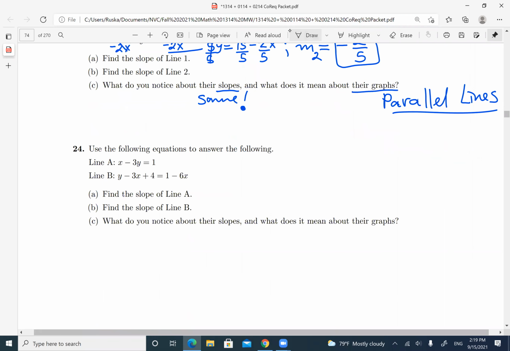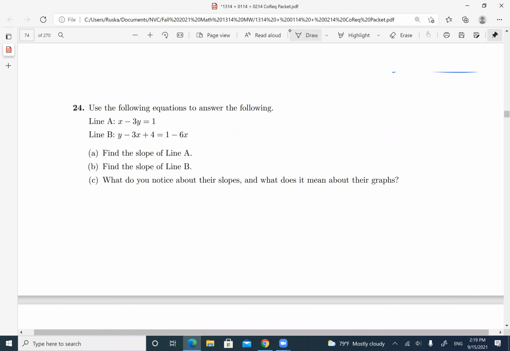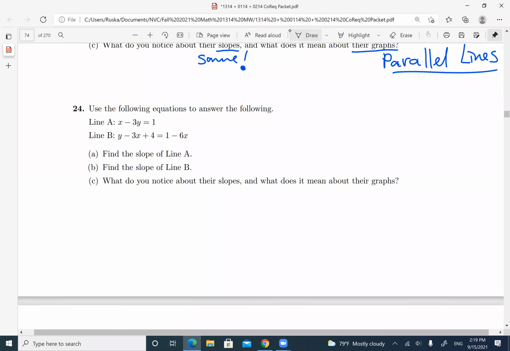Okay, let's try the next one, 24. So we have given again line A, line B. We have to find the slope of line A. So that means I have to get y by itself. So I'm going to subtract x on both sides. Minus x. So I have -3y equals 1 minus x, right?